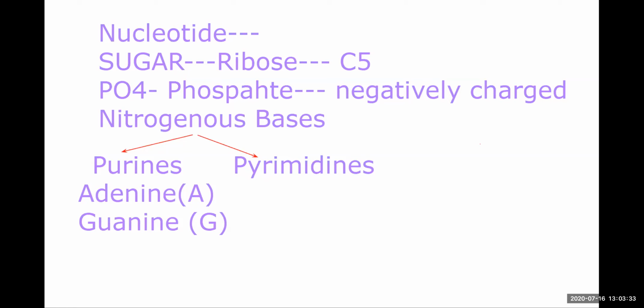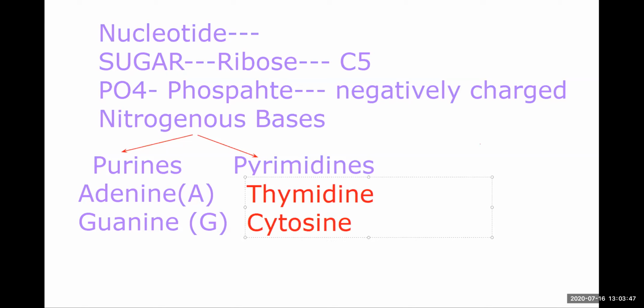Pyrimidines are thymine and cytosine. In the case of RNA, there is no thymine. Instead of thymine, RNA has uracil.